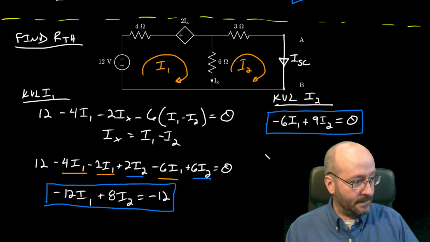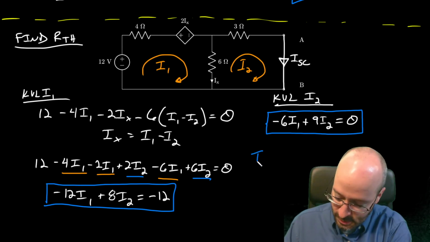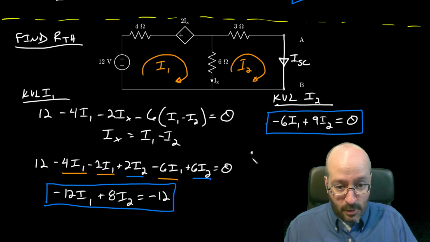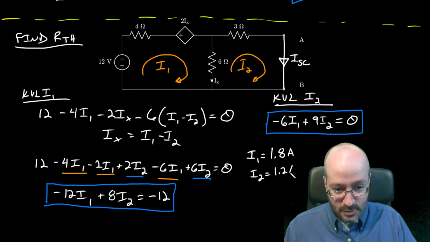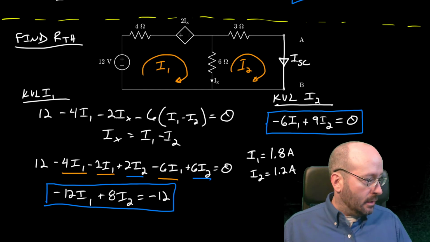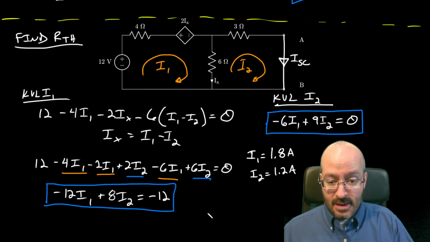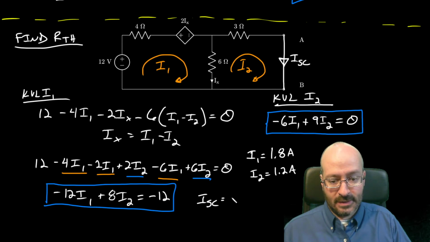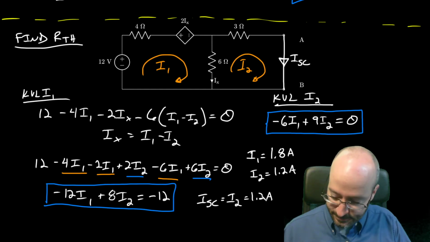And I get I1 equal to 1.8 amps and I2 equal to 1.2 amps. Okay, and we find I short circuit. I1 doesn't touch it, I2 touches it and goes in the same direction. So I short circuit is just I2, or 1.2 amps.